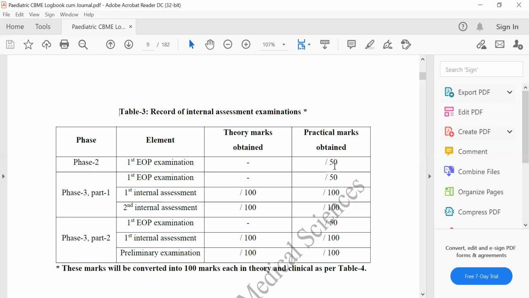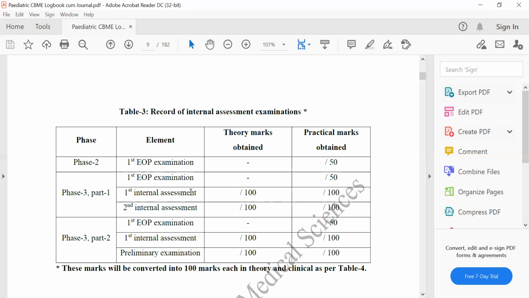So it will be out of 50. And in phase 3 part 1, again the ward ending exam out of 50 marks, and the first internal assessment marks of the theory and of the practical both, out of 100, and second internal assessment marks.